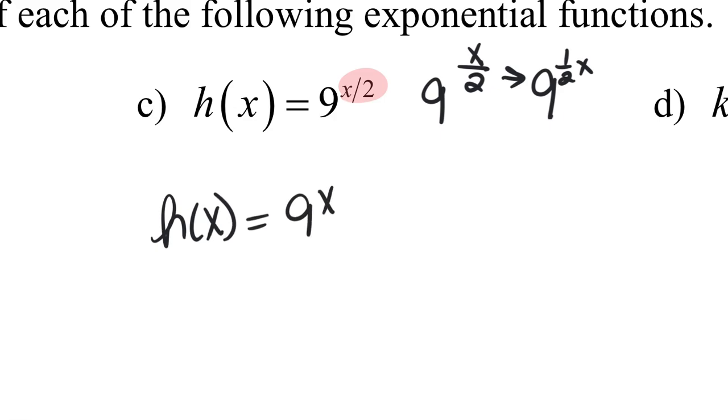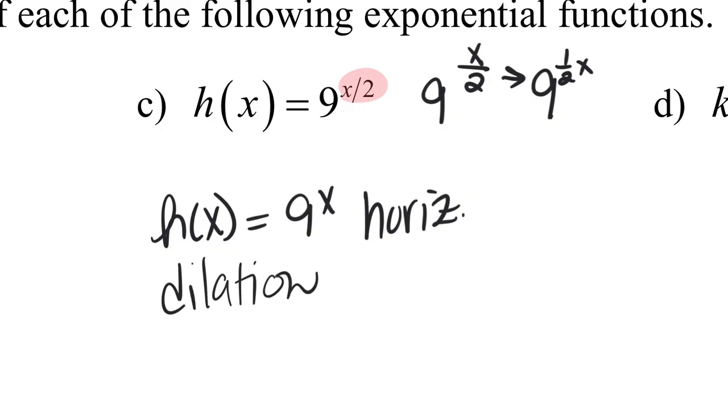And now I have to address the 1/2. I do know that it is multiplication, which means that it is representing a horizontal dilation. And since it is around my x, it is a liar. So instead of being dilated down by 1/2, it is being dilated by a factor of 2.